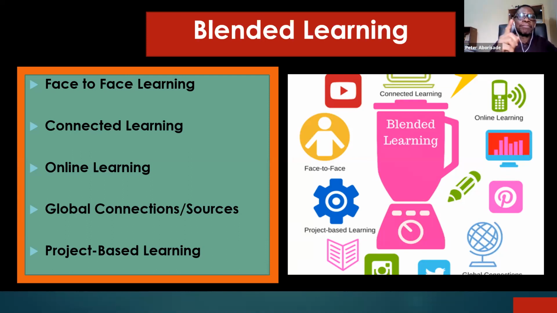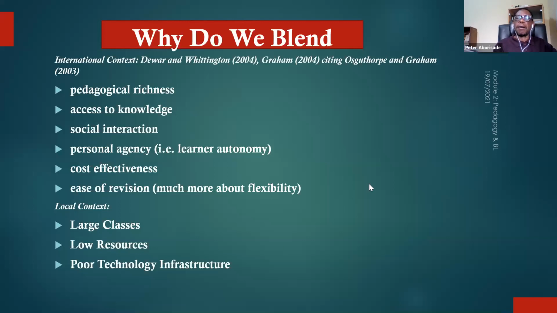But remember, as we are going to see later, that what you want at the end of the day will determine what you bring together to blend. But why do we blend? Why?